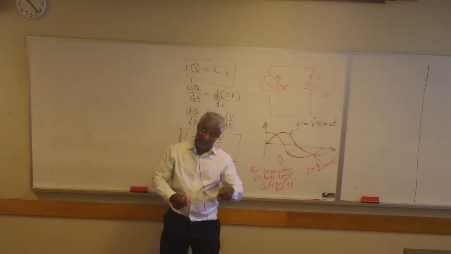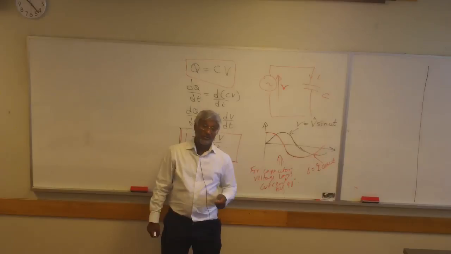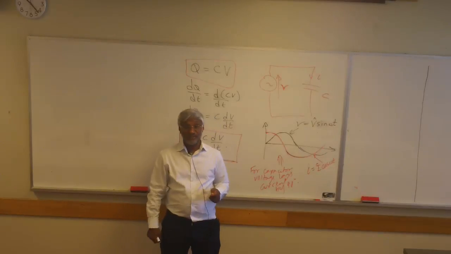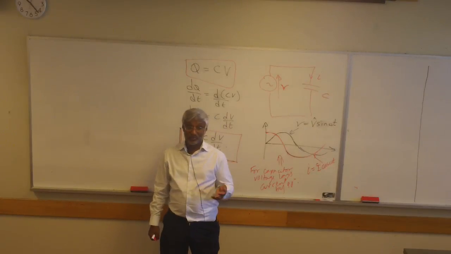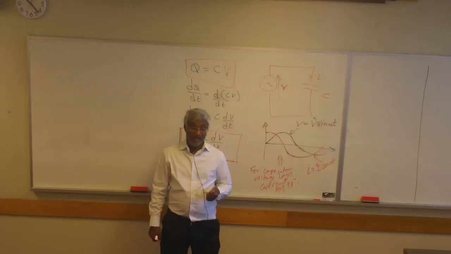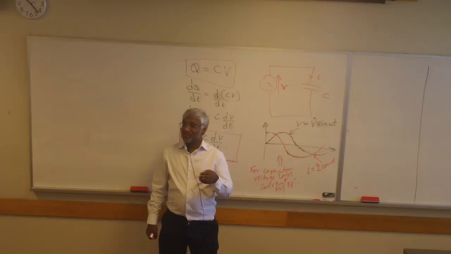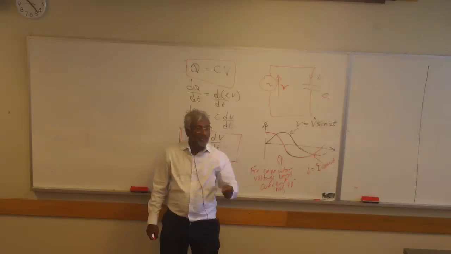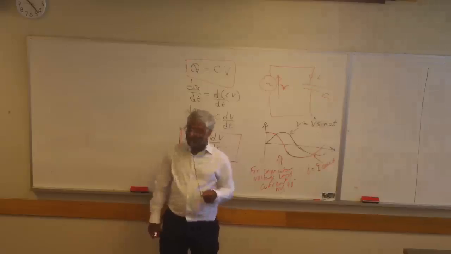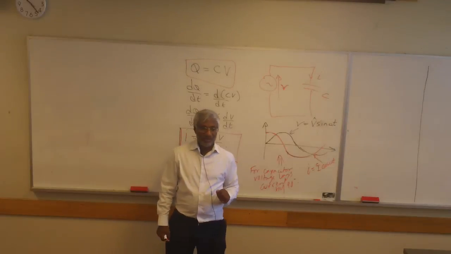I hope you have sketched enough sine curves and cosine curves in your life so that this is natural to you. I'm hoping that some of you will be power engineers. If you're a power engineer and you have never sketched a sine curve or a cosine curve, I think you should not be a power engineer.